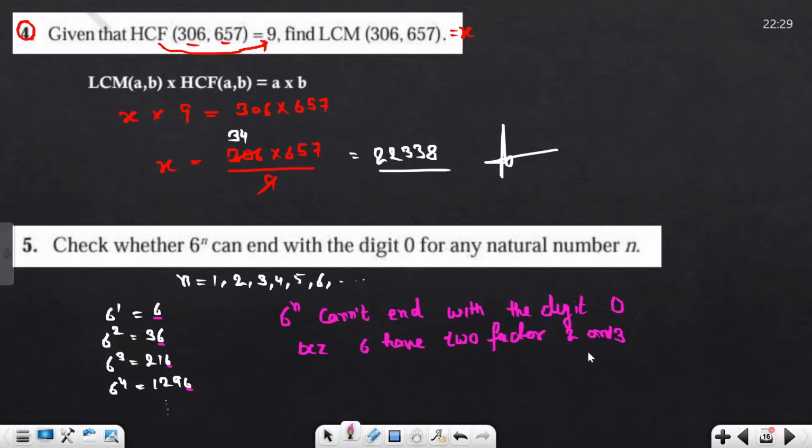But for 0, we need a number whose factors are 2 and 5. So I hope everyone understands.